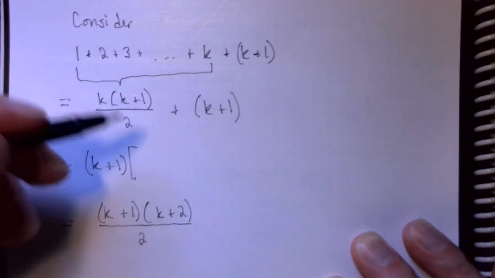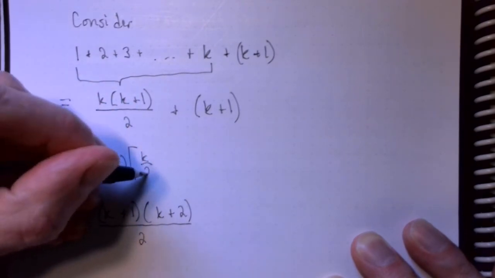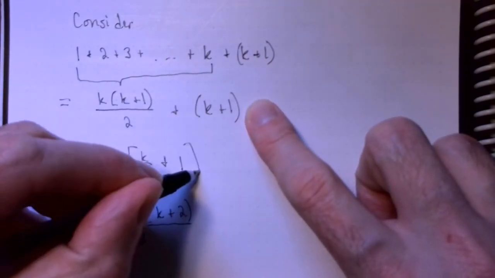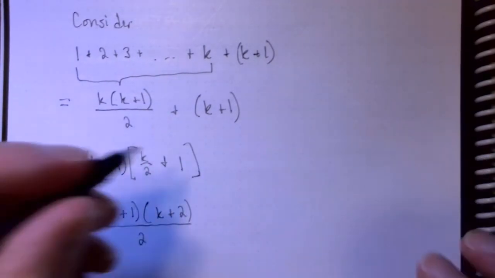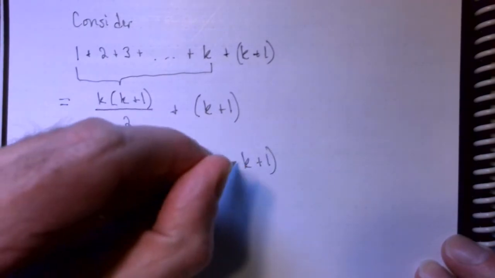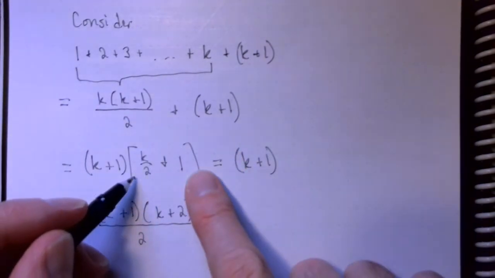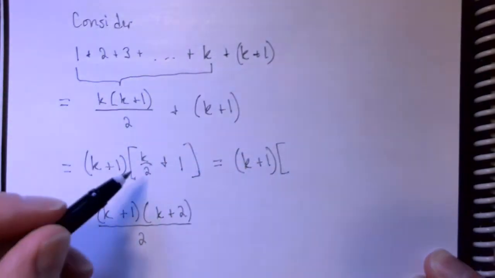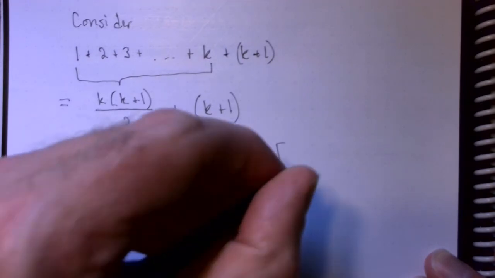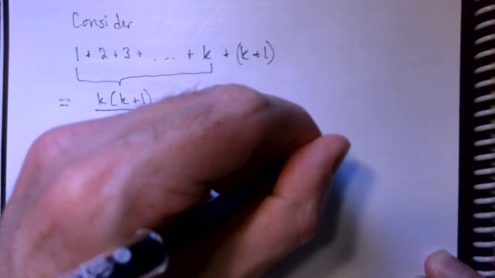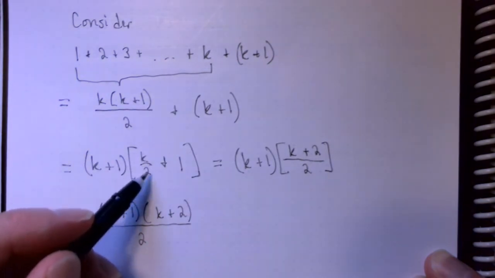And what would I be left with? Here I'd be left with a k over 2. And over here I factored out everything, so I'd be left with a 1. Now, if I were to combine fractions inside these brackets, I need to get an LCD, and my LCD would be 2.